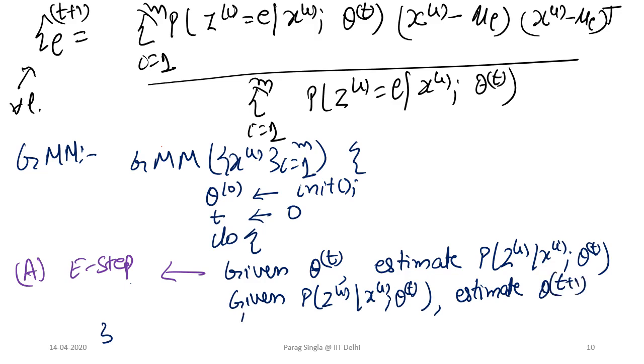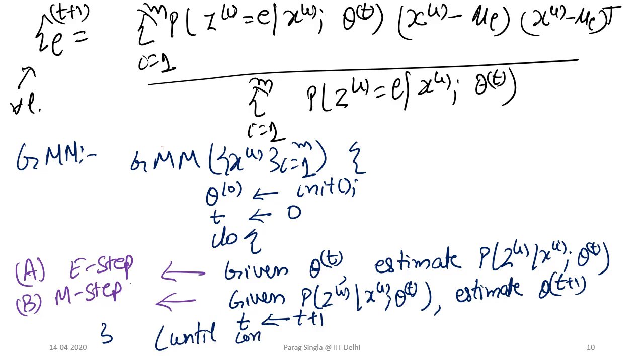And then of course t goes to t plus 1, so the iteration changes, and this corresponds to the M step, which is the maximization step. In fact, let me just complete this. You do this until convergence.